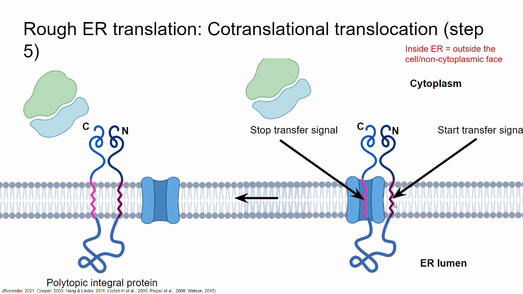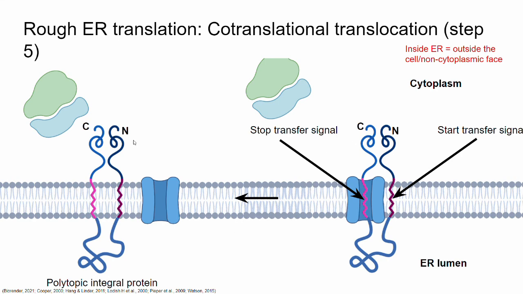And this is also, as I said, a start transfer signal, meaning add more amino acids on this side. And then we have a stop transfer signal here, which means stop adding amino acids on this side and start adding on this side. And that's what happened until the mRNA was finished being translated.